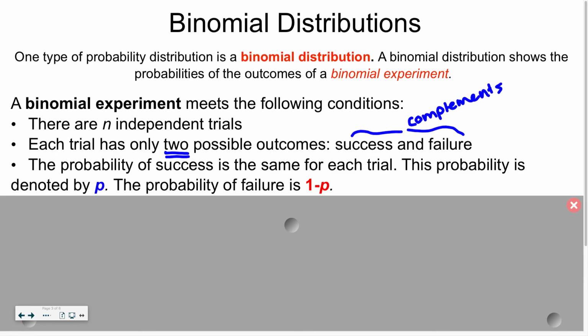And then the probability of failure, because it's the opposite or the complement of success, is going to be 1 minus p. So the two probabilities, success and failure, always have to add up to 1. They're the only two probabilities allowed. They're going to add up to 1.